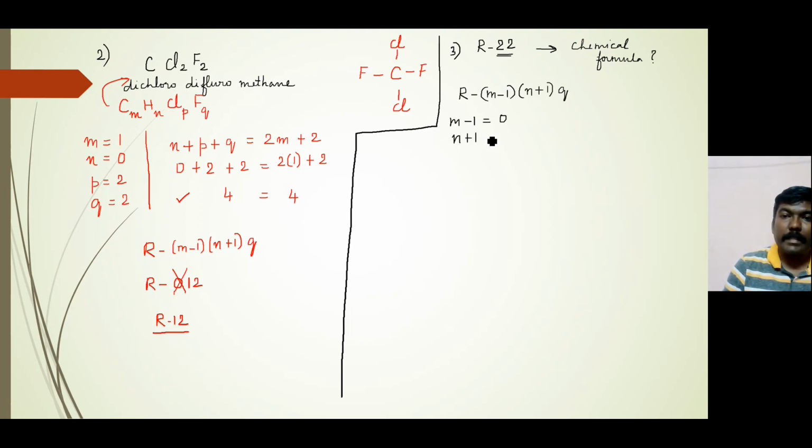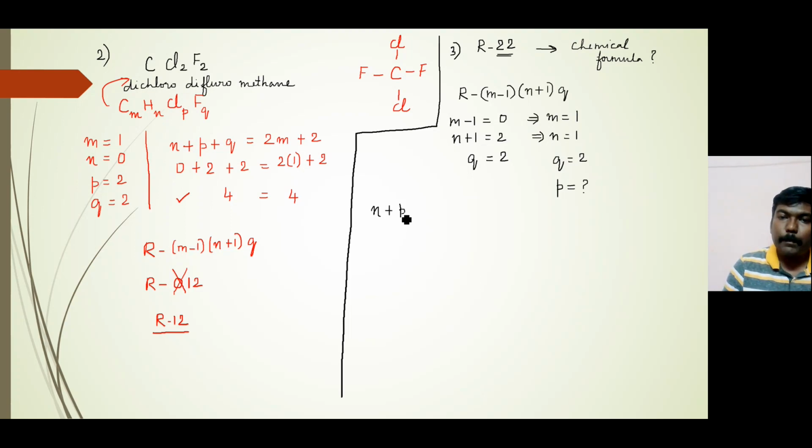N plus 1 is 2 and Q is again 2. Which means M is equal to 1 and N is equal to 1. Q is equal to 2, and we do not know if there is any chlorine atom in this particular configuration. So we should go and check the equation.